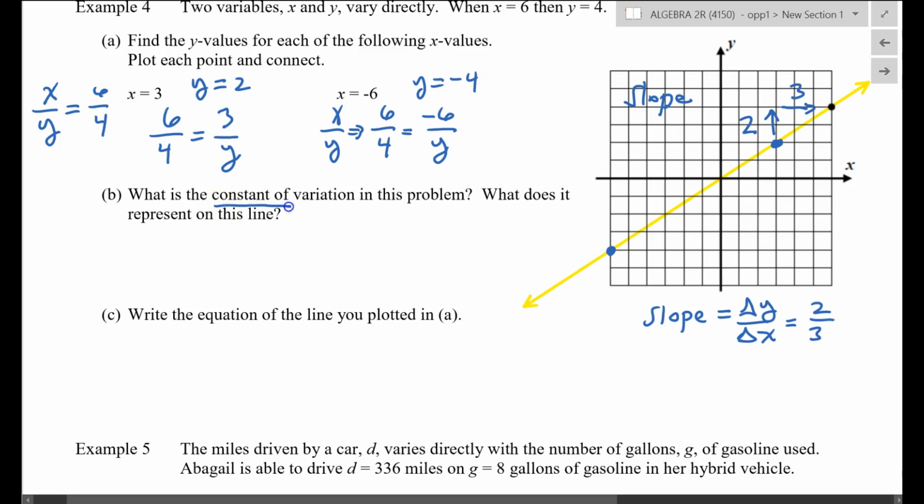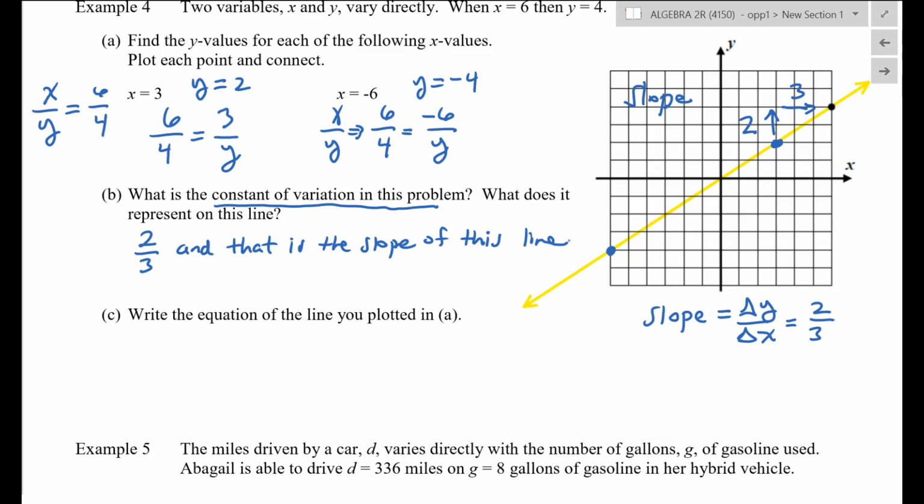So what is the constant of variation? The constant of variation is 2/3. And that is the slope of this line. Guys, the constant of variation, man, I mean, it just sounds like, what does variation mean? When I say variation, give me the first word that comes to mind.